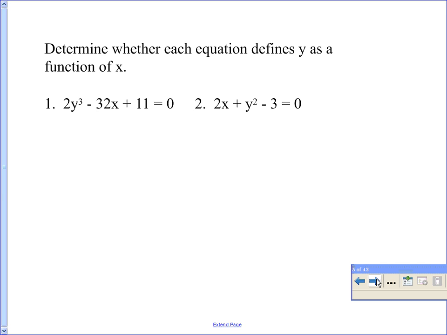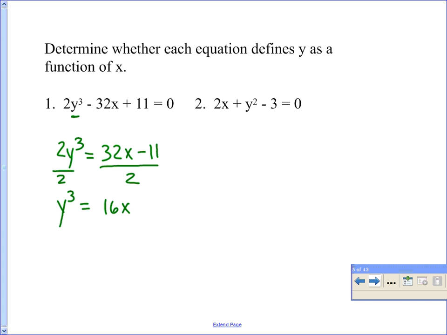And what we're going to do is attempt to solve for y. So if we do that, we get 2y cubed equals 32x minus 11. All right, so I'm going to divide everything by 2 now. And I can do that individually if I want to, each term. Y cubed equals 32 over 2, which gives me 16x minus 11 over 2.